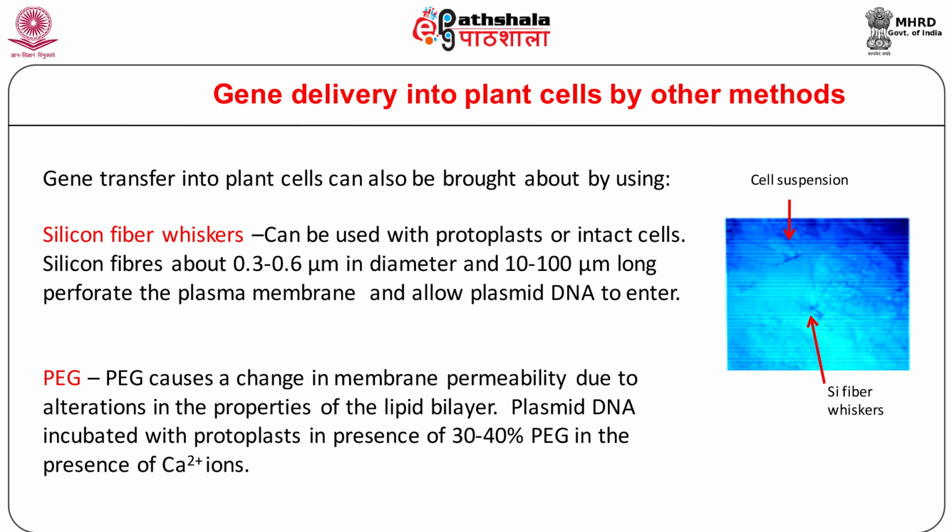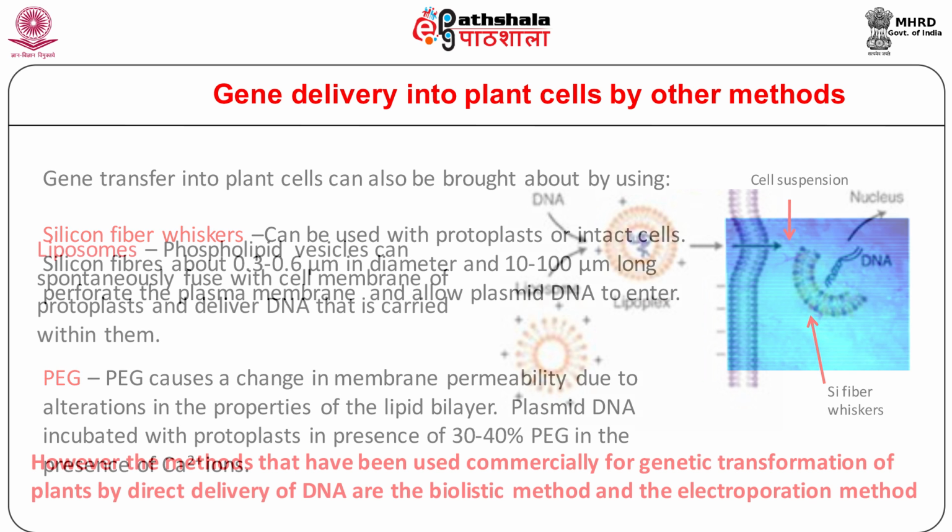The whiskers are mixed with plasmid DNA and function as numerous needles, facilitating DNA delivery by cell perforation and abrasion. In the PEG method, use of high PEG concentration in the presence of calcium ions causes a change in membrane permeability due to alterations in the properties of the lipid bilayer, hence allowing the DNA to enter.